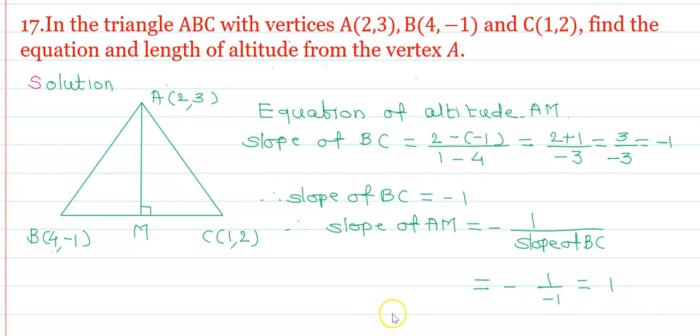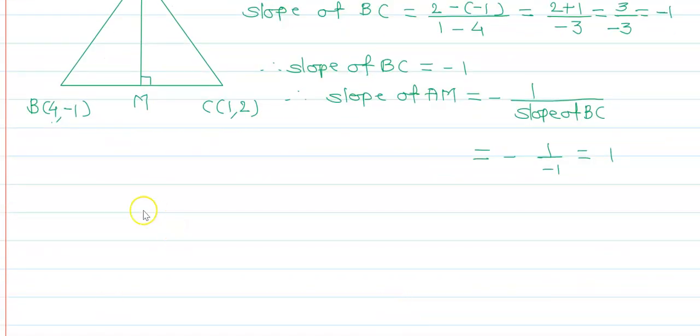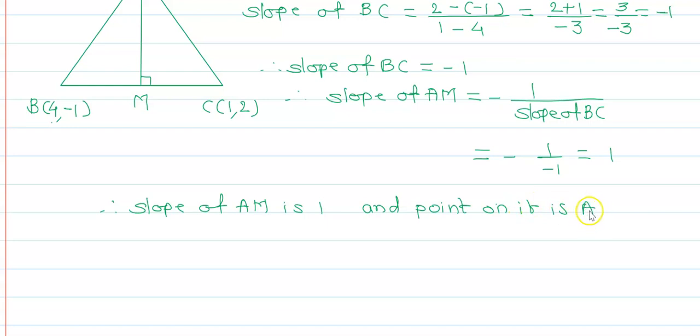Therefore the slope of AM is 1, and the point on it is A. What is that point? The point is (2, 3).